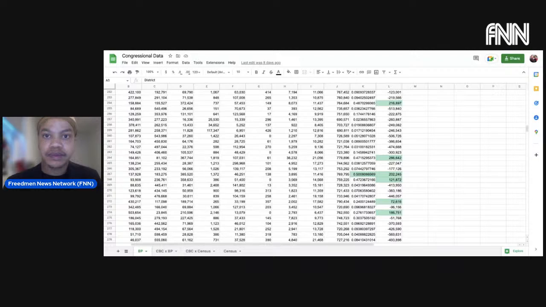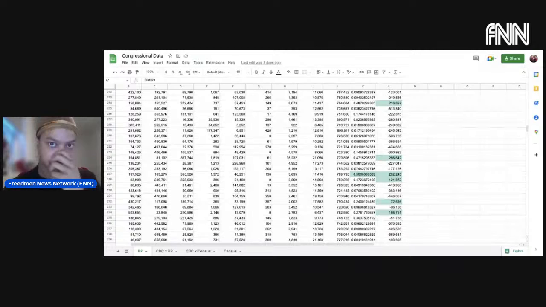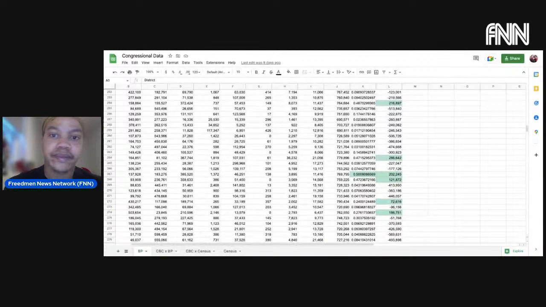So it's a lot of things that we have to look at on each individual level. The information is great, but it's also gonna cater to where you live locally. So that's all I have for the moment.